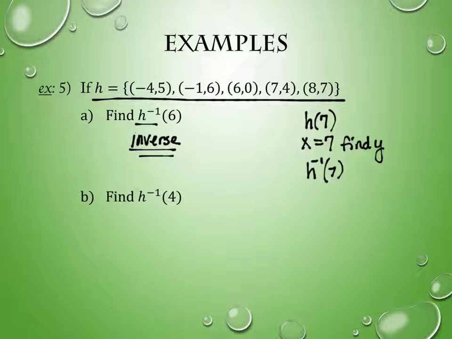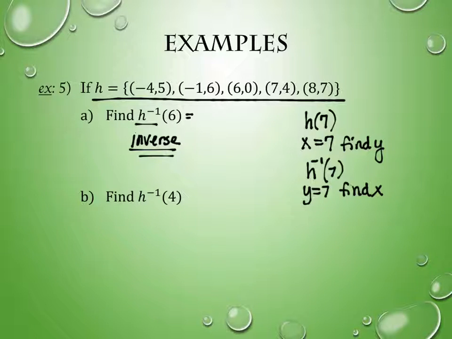If I have h inverse of 7, it means y is equal to 7. Find x. It's backwards. That's how I started by describing this. You come from school or home to school, you go from school back to home, you go backwards. So all the notation is flipped.